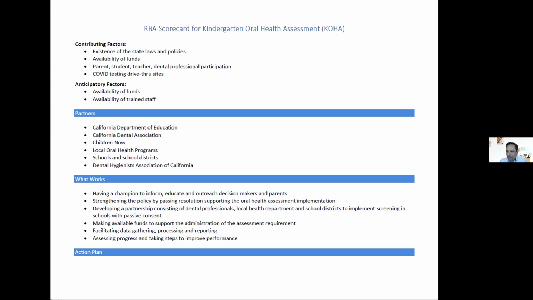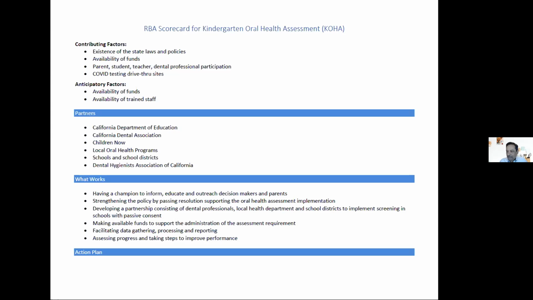My question is, that form, before it's scanned, is that something that is just filled out there on site with the individual child?